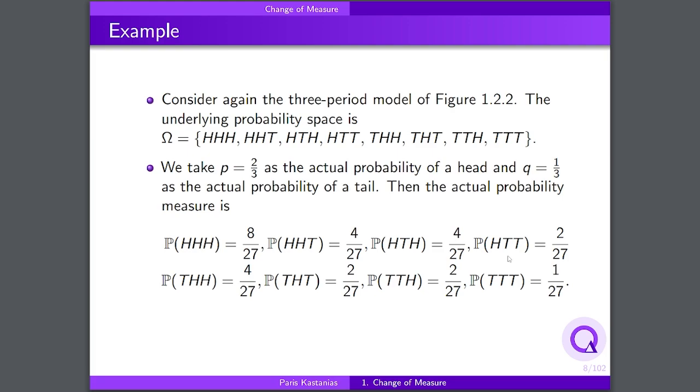Does that make sense? To get this one, we have 2/3 because it's a head, times 2/3, times 1/3, which is 4/27, and so on and so forth. Okay, this makes sense how we get to this. Yeah.